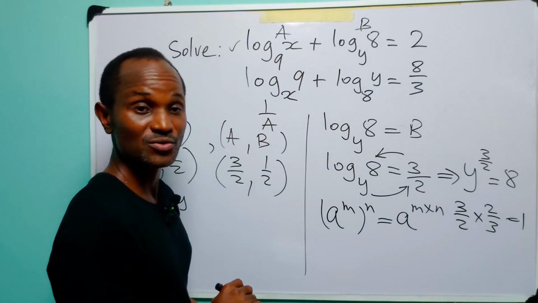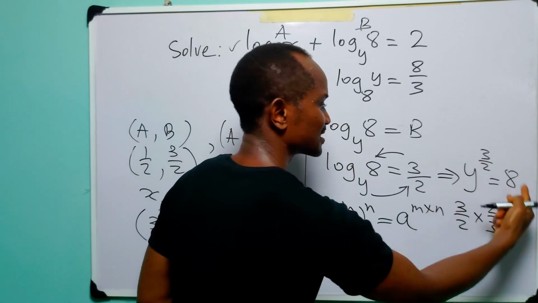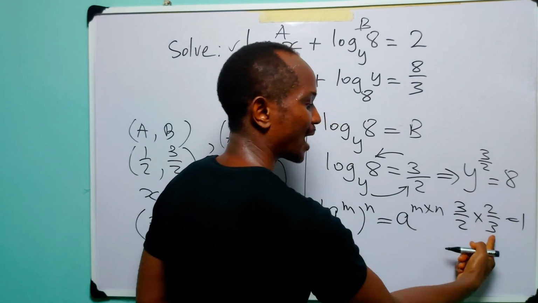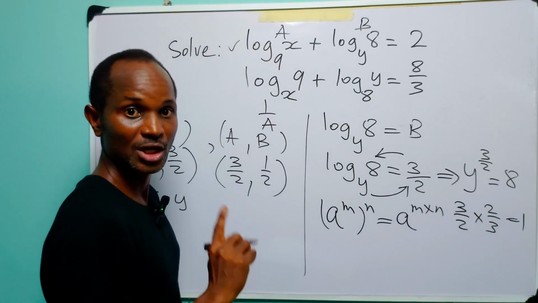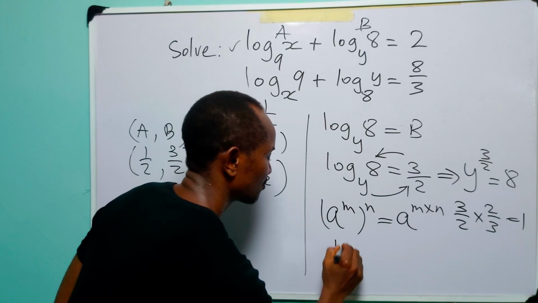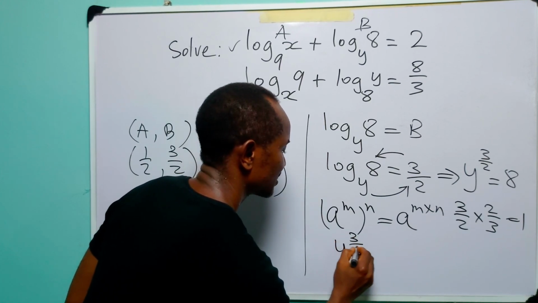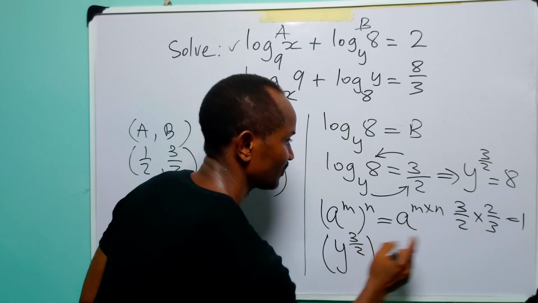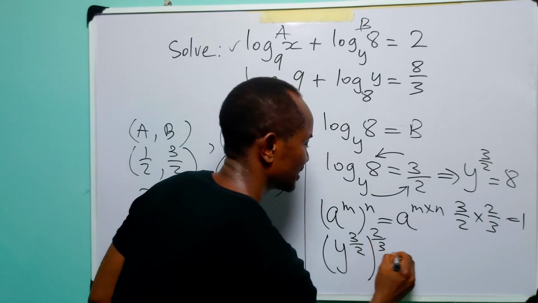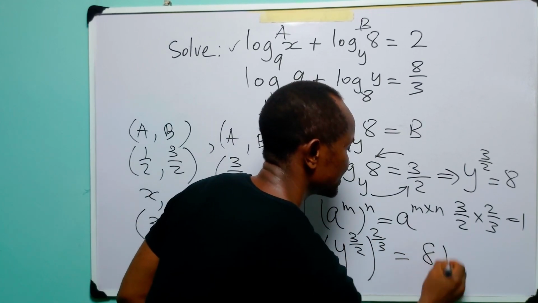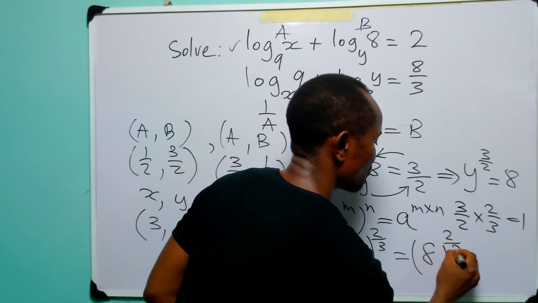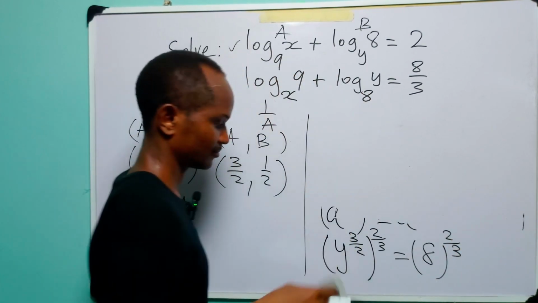So what we are going to do is raise both sides of this equation to power 2/3. So this is what we have. We have y raised to power 3/2 raised to power 2/3 is equal to 8 raised to power 2/3.